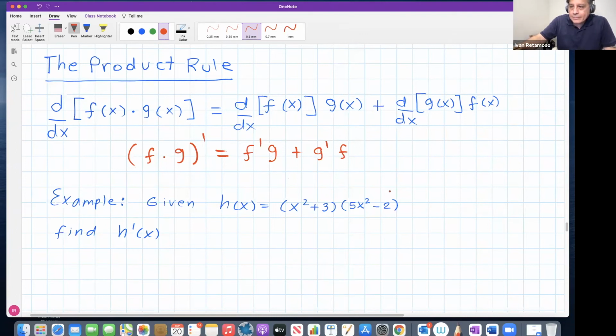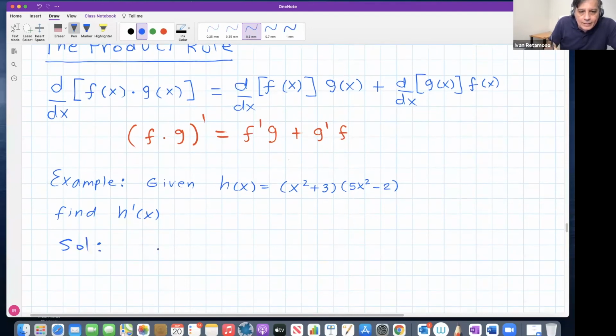Example. Suppose they give you this function, h of x equals (x squared plus 3) times (5x squared minus 2), and they ask you to compute its derivative. Let's use our product rule.